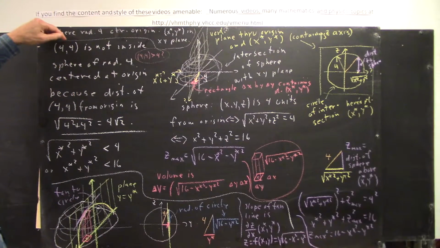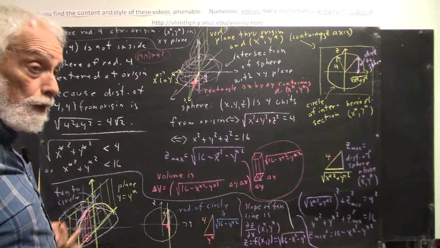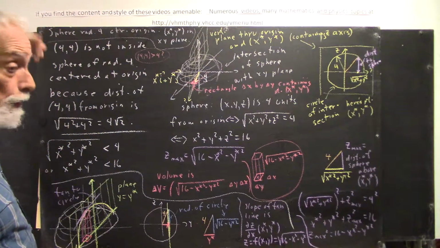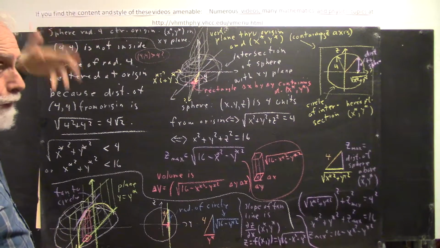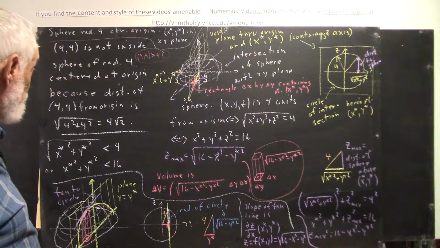Well, the point (4, 4) is not at distance 4 from the center of the sphere. It's at distance 4 times the square root of 2 from the center. The distance from the center of the sphere out to the point (x, y) is the square root of x squared plus y squared. Clearly, this isn't the case.